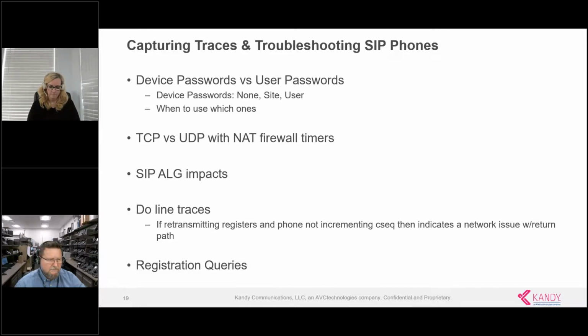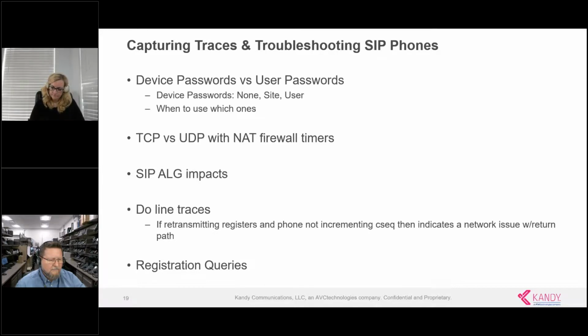If you pull the registration down and you see a continuous register 407, register 407, register 407, a couple things to look at is there's a field in the register message called CSEQ. That has a number associated with it. So the first time a phone registers, it would say 1 register, the number 1.